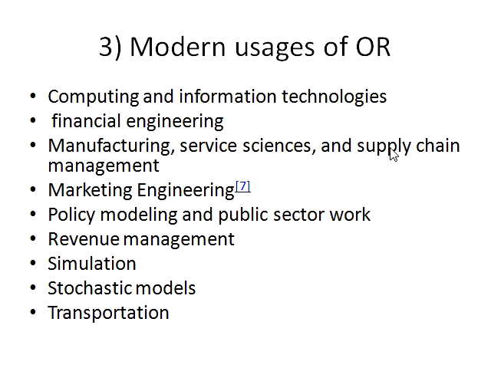Now on this slide you can see all the fields which are using OR to take decisions. You can read it by yourself. I will not get into the details here, but I would like to make a point which is practically more relevant. With the development of computers, operation research can now solve problems with hundreds of thousands of variables and constraints.